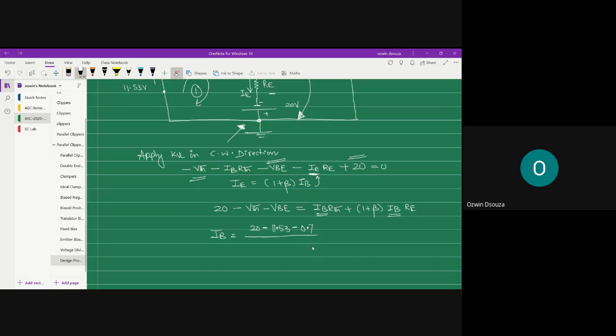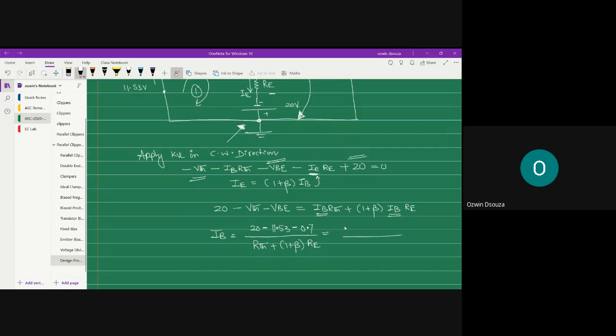Not mentioned, but I'm considering it as silicon because silicon is the widely used semiconductor material, divided by IB, I'm going to take it as common, so I will get RTH plus 1 plus beta times RE.